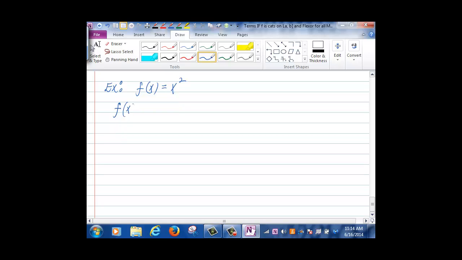So f of x is increasing on what interval, and decreasing on what interval? Yes, it is increasing from 0 to infinity. It is decreasing from negative infinity to 0. Is everybody okay?